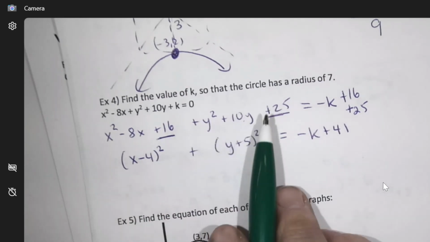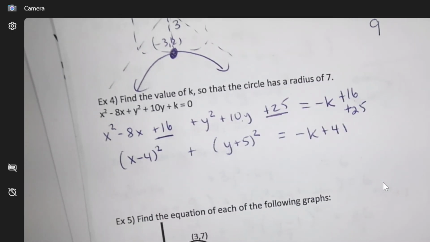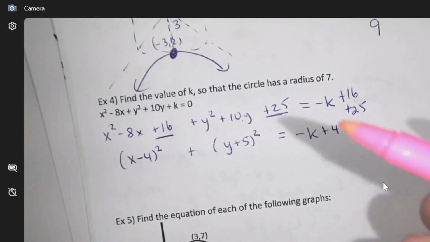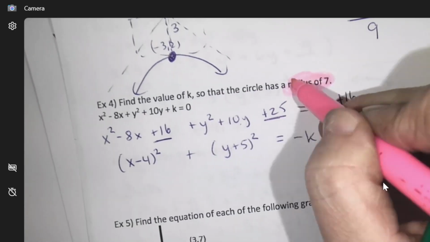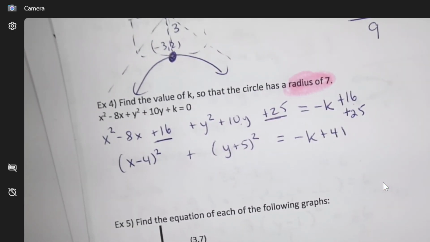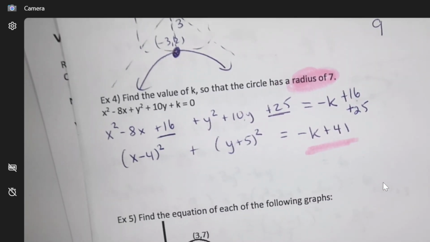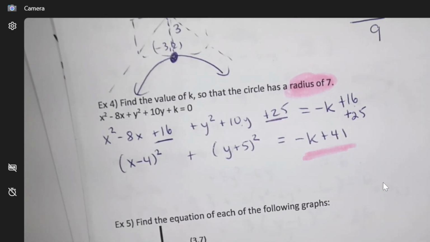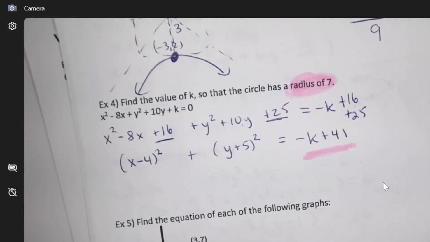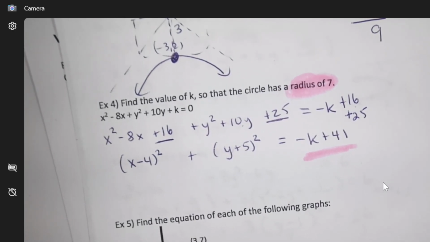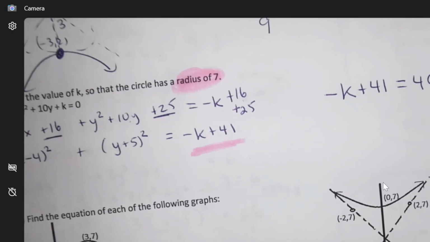Okay, half squared, teeter-tottered. Okay, how do I make a radius of 7? What would I need over here? 49. So I need negative k plus 41. I actually need that to be 49.